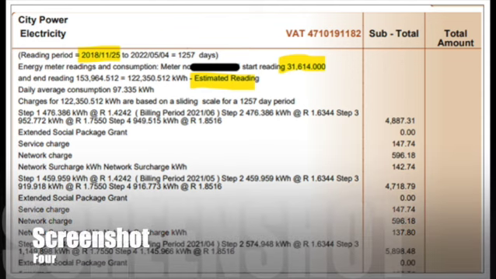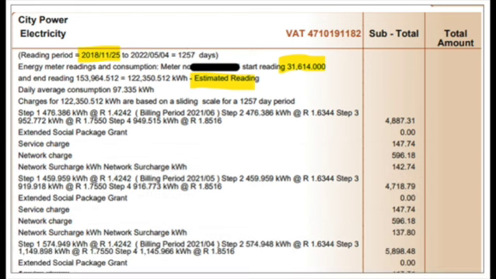In this particular instance, when you look at the account, it goes back to 2018, and there is a reading of 31,614. So when the client came to us, we asked for a meter download. Very specifically, the only prima facie proof of consumption is what the meter download says. Nothing else is proof of what the client may be billed.